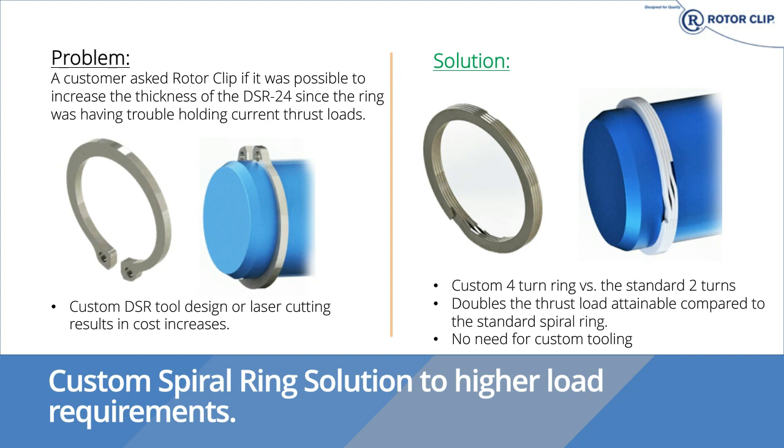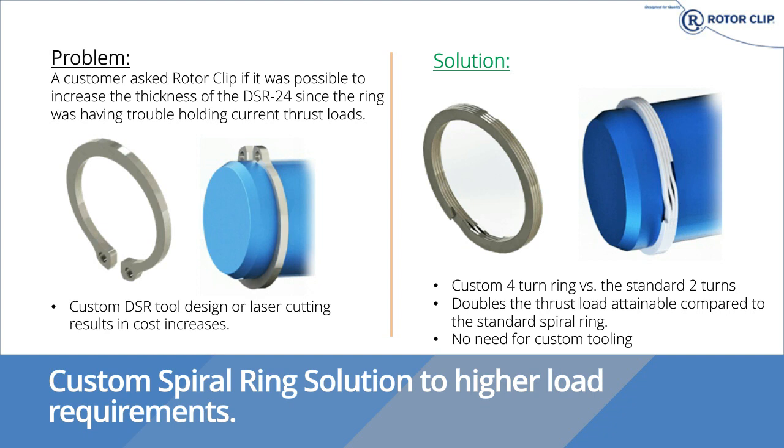So we looked at a DCR, which is a replacement in the spiral family. The DCR 24 has 2 turns. We checked the numbers on a 3rd turn, and we were the same as the DSR. So due to the manufacturing of this part, we were easily able to add a 4th turn and increase the thrust load to where the customer needed it.